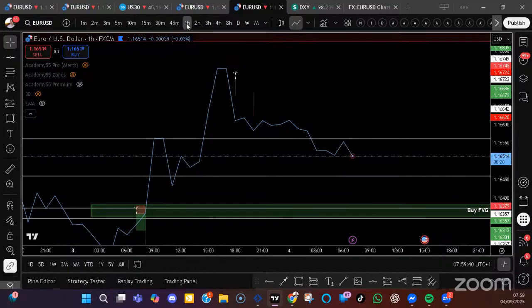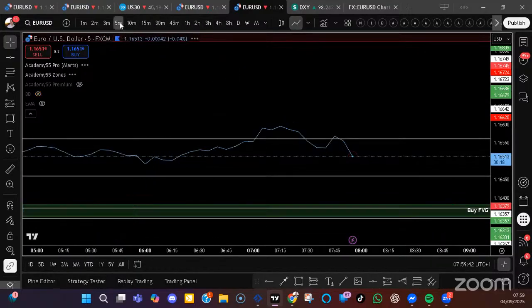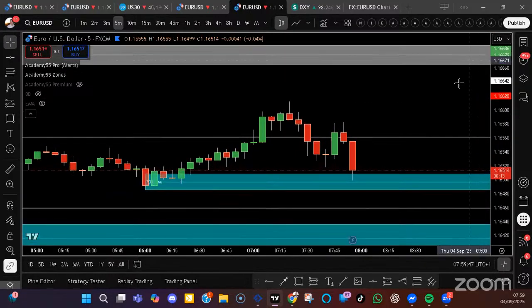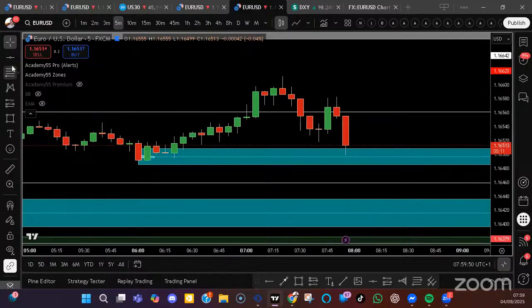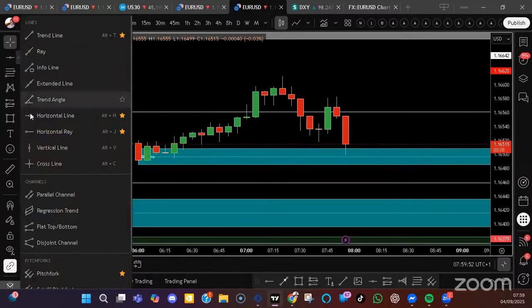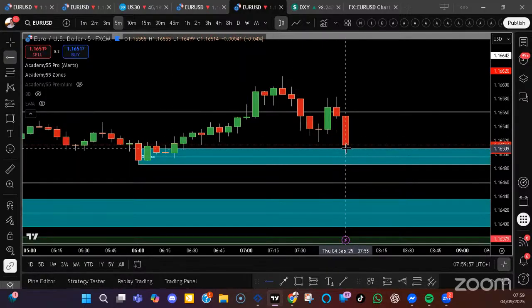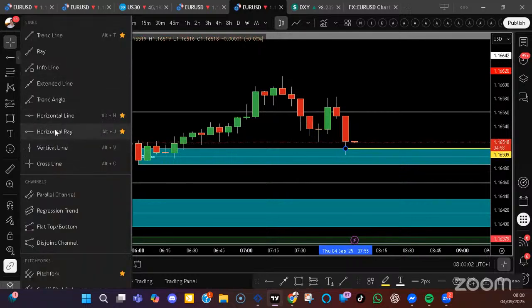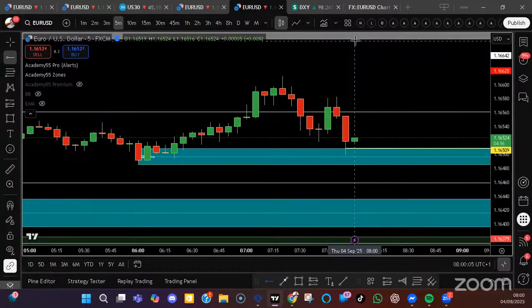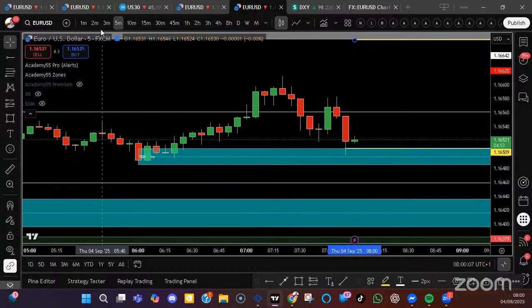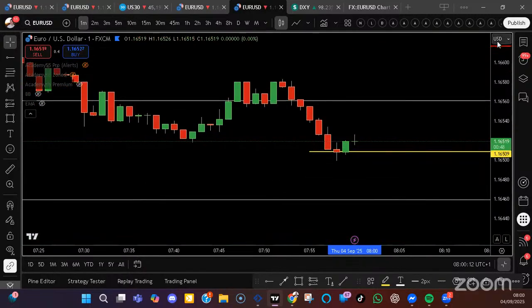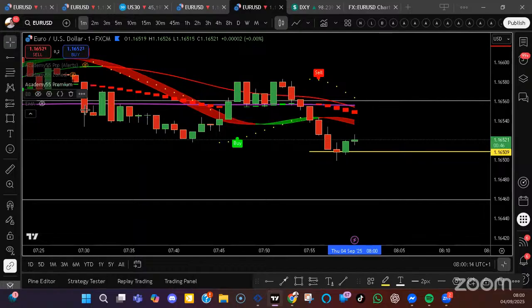So go down to the 5-minute time frame. Put our candles back on, and as you can see, we have entered the buy zone, which is here. And we have a sell zone up there. So I'm going to put the indicators back on.